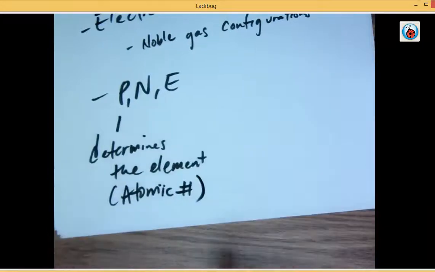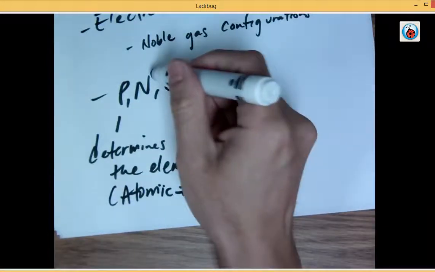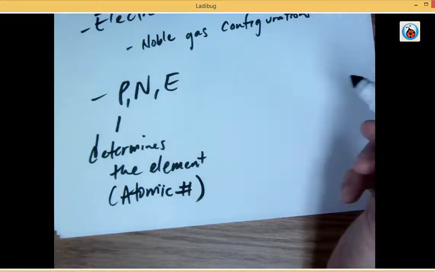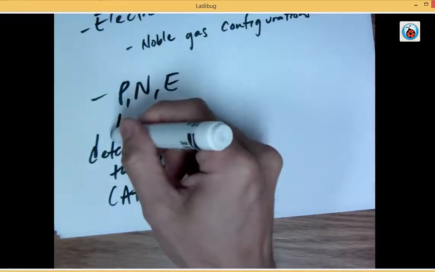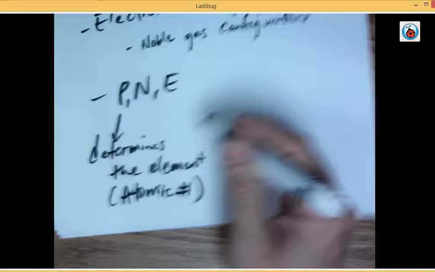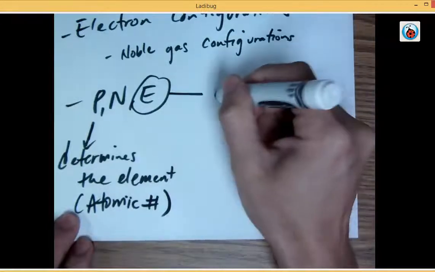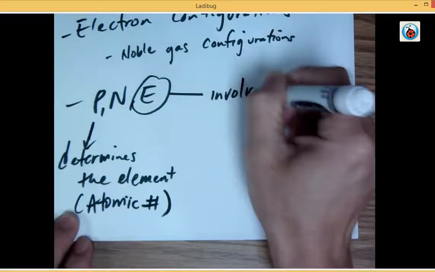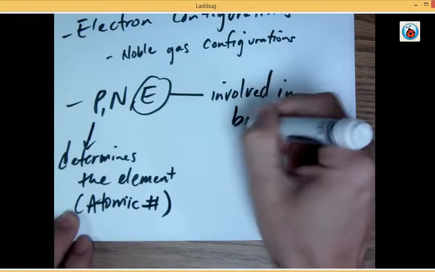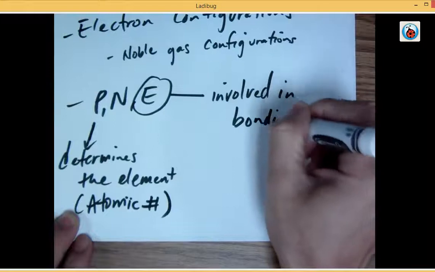And neutrons play a role in the mass of that element, the mass of that isotope. And electrons are involved in bonding.